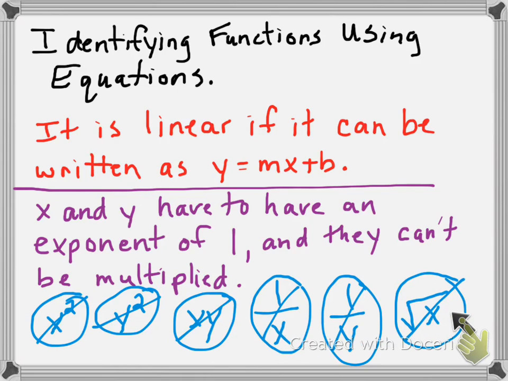If you had any of this, there is no way that you could make this equation out of it. If you've got an x squared, there's no way that you can move it around and end up with just an x. If you've got 1 over x, there's no way that you can get that x out without messing everything else up. So if you've got any of these, it's nonlinear.